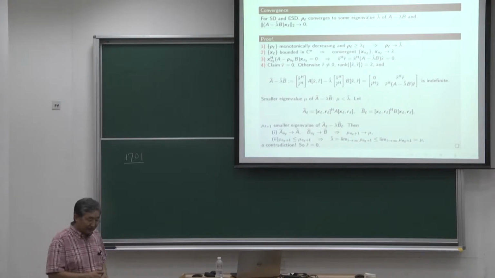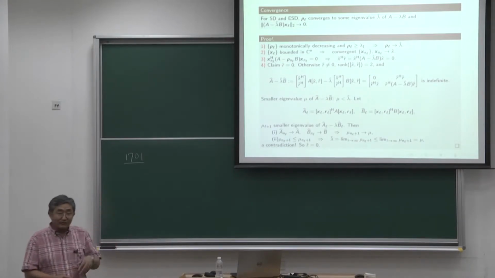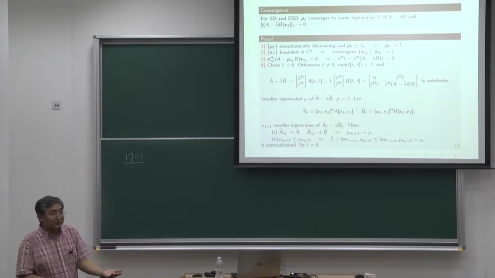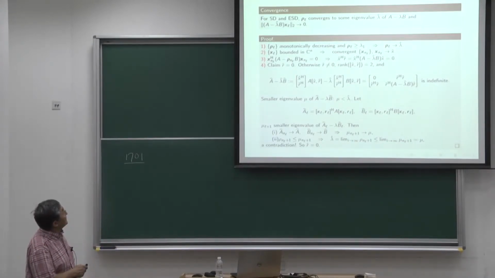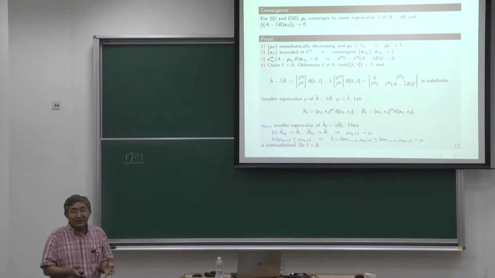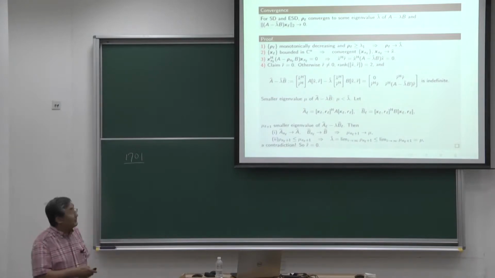That's basic calculus: if you have a monotonically decreasing sequence bounded from below, it converges to something. On the other hand, each approximate eigenvector, each iteration, we always normalize it. So you stay on a bounded set in C^n, and a bounded set in C^n is always compact, which means you're going to have a convergent subsequence.